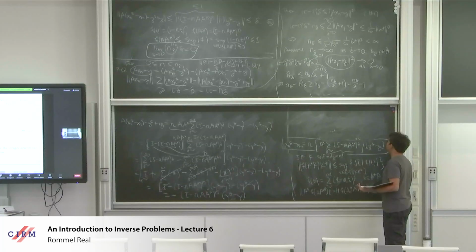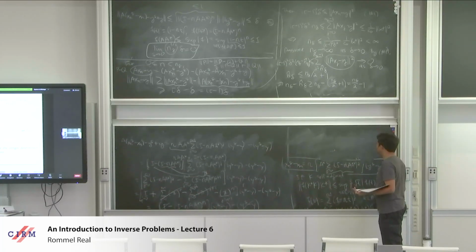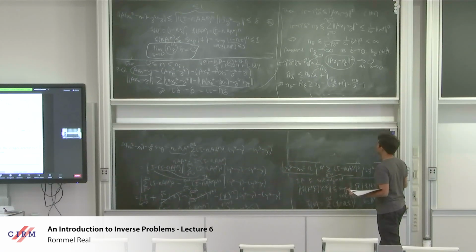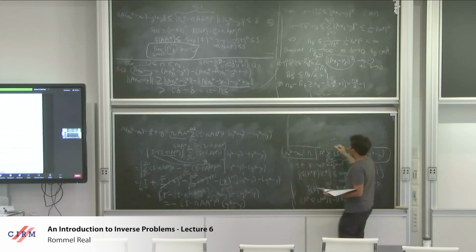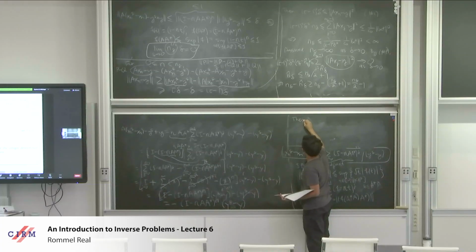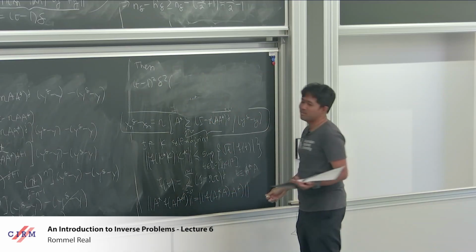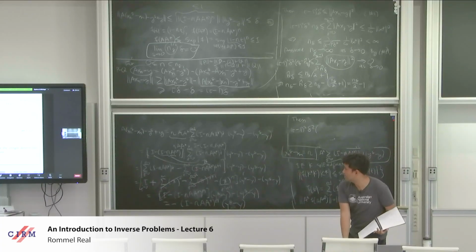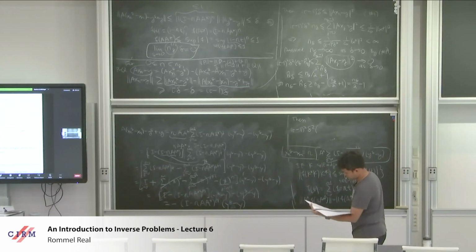Then it follows that tau minus 1 square delta square times, that should be n sub delta, how's that again?